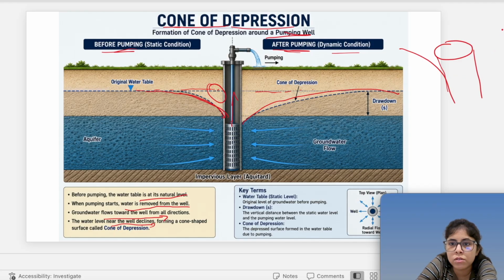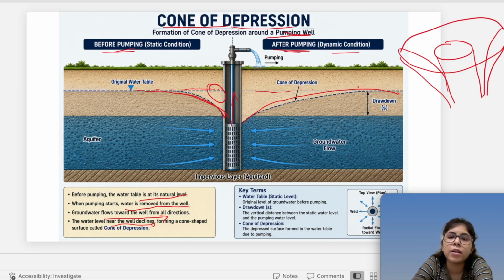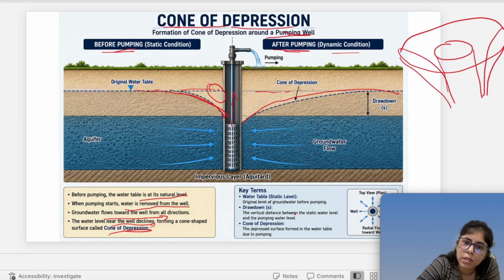So it is forming a shape like this, something like this. All right, so this is a cone type of shape. So we call it the cone of depression. Now you can read the key terms here: what is drawdown, what is cone of depression, and what is the water table, static level. Water table is the static level, and then it is the cone of depression. Yeah, so I hope you guys understood this.